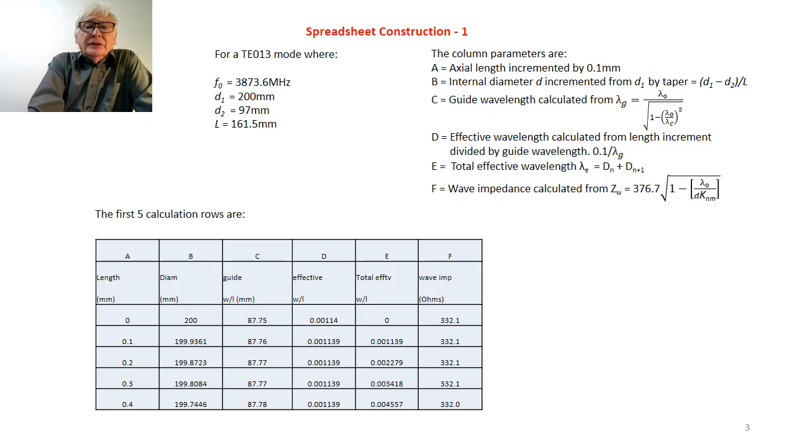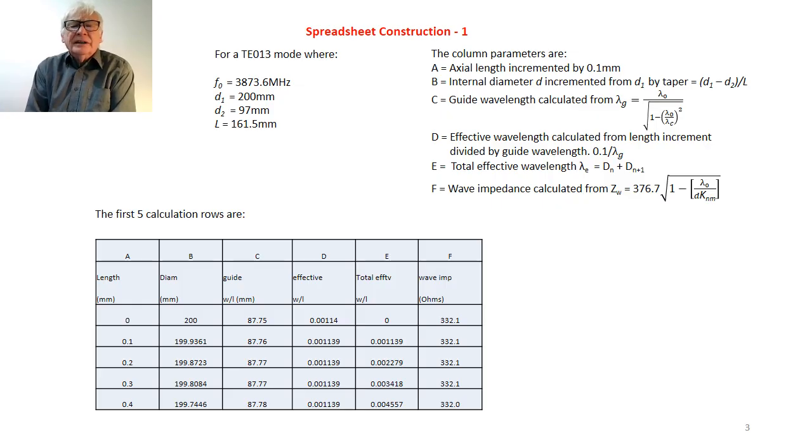The internal diameter at the particular axial length that we're inputting in column A is calculated in column B, and this is simply calculated from the taper, where the taper is D1 minus D2 divided by the axial length.